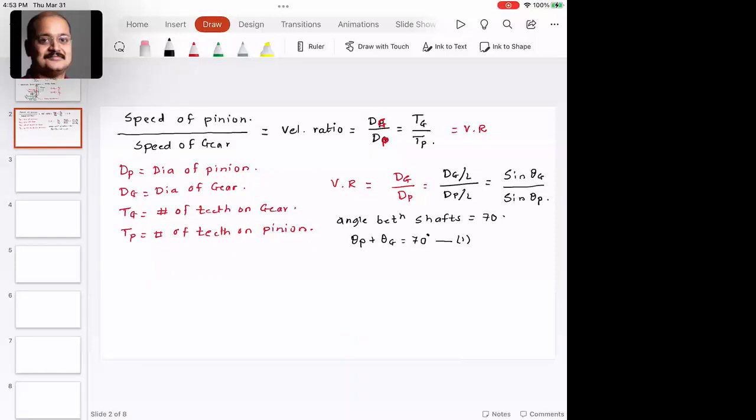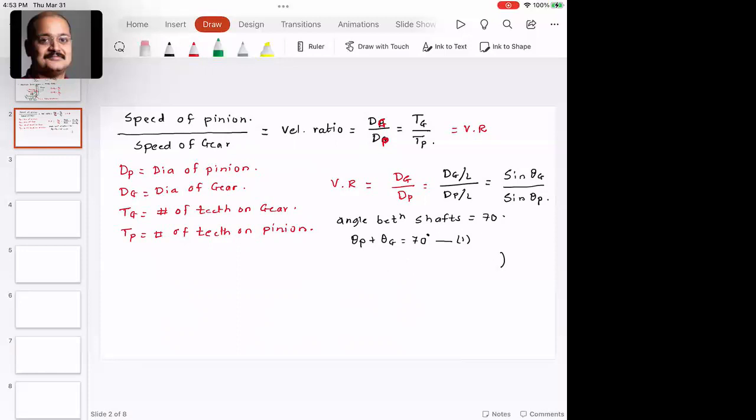So we have another equation, theta p is equal to 70 minus theta g. Sorry, I made a mistake here.